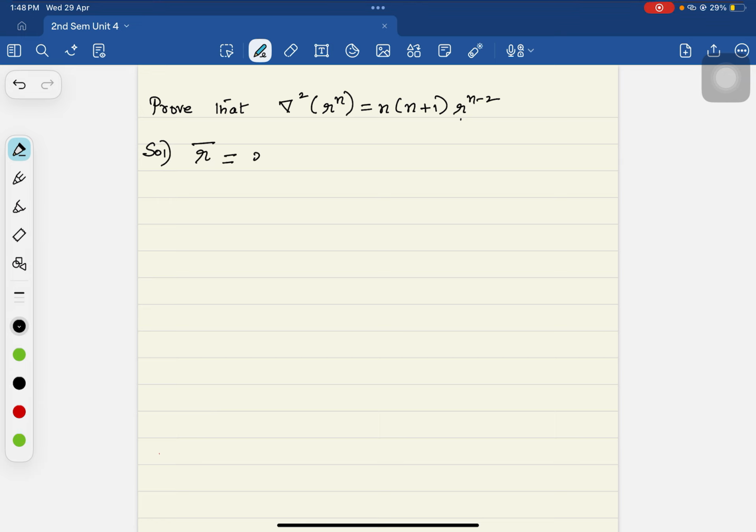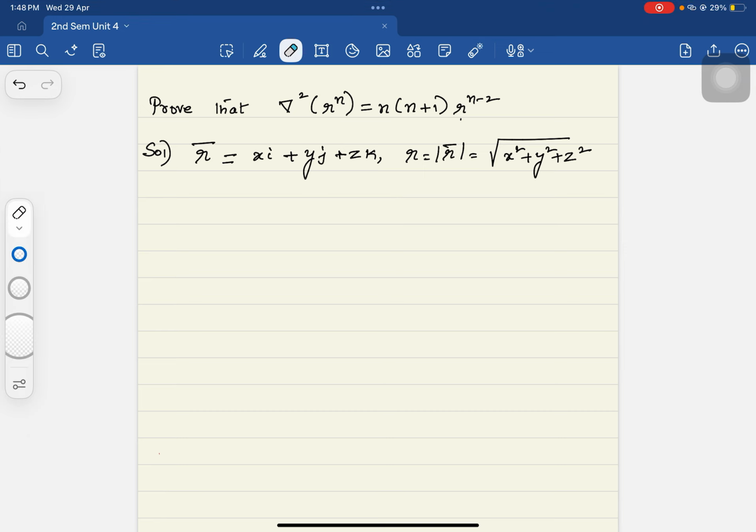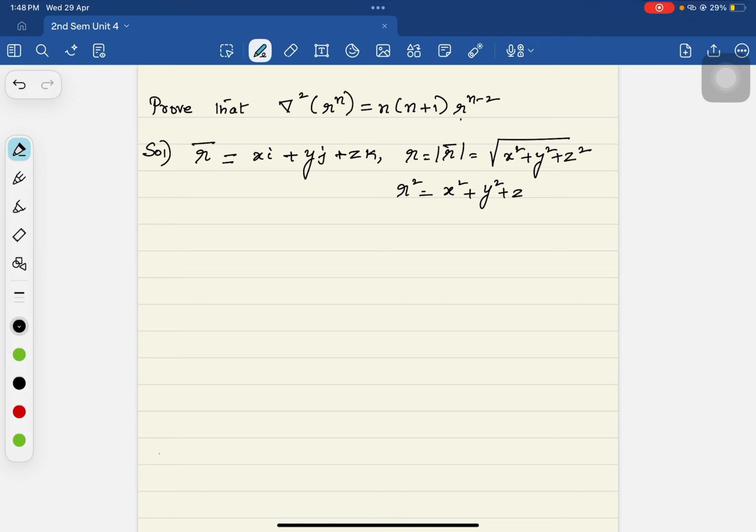R bar means the position vector given by xi plus yj plus zk. R is nothing but the magnitude of r bar, that is given by the square root of x square plus y square plus z square. Now let us take r square, which is x square plus y square plus z square.